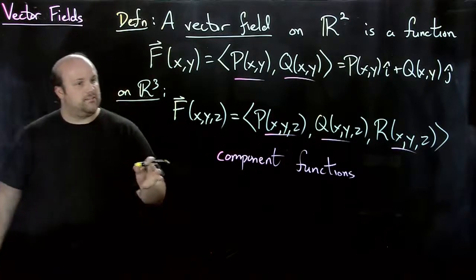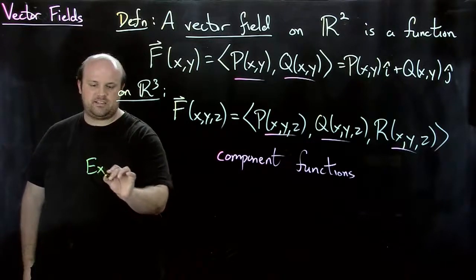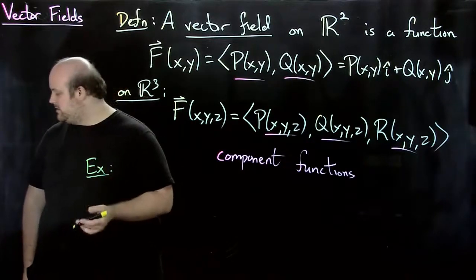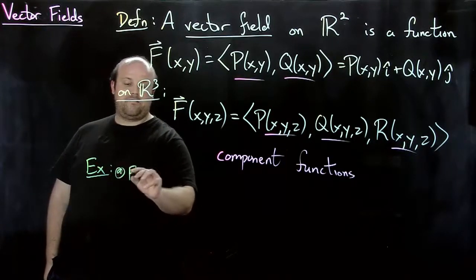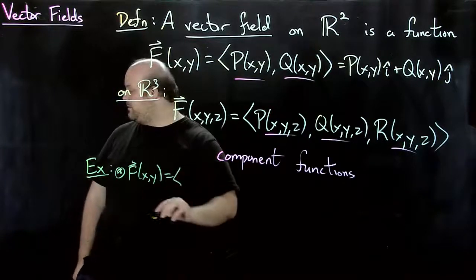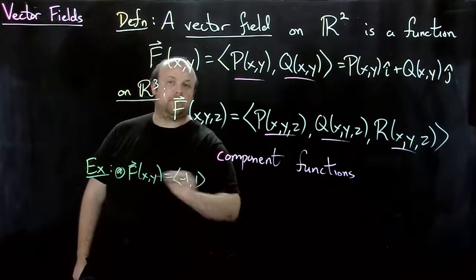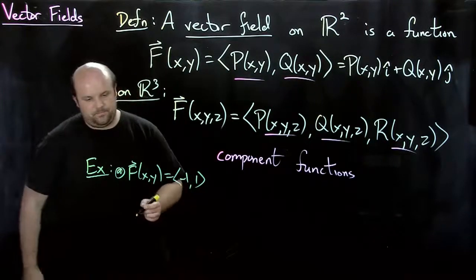So let's go ahead and say, example, and let's start by graphing F of x, y is, what do I want to use? Negative 1, 1. So how do we sketch this guy?